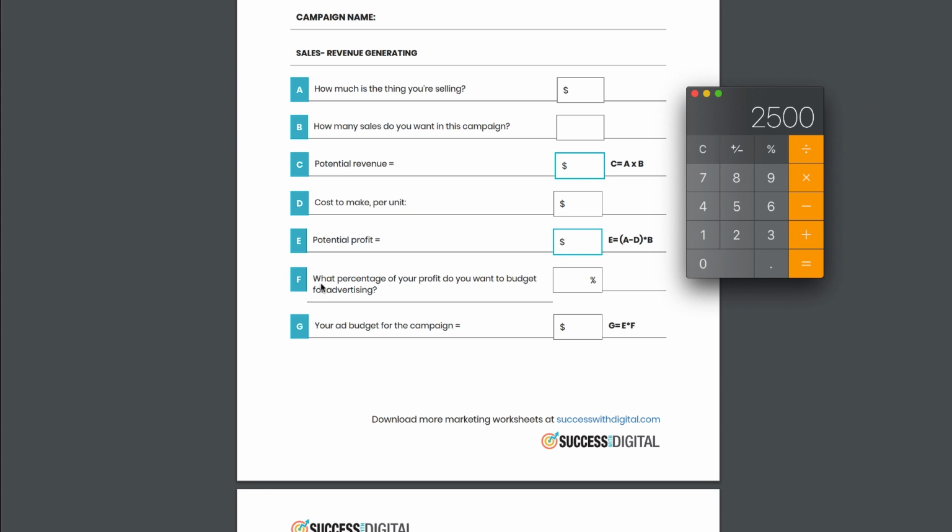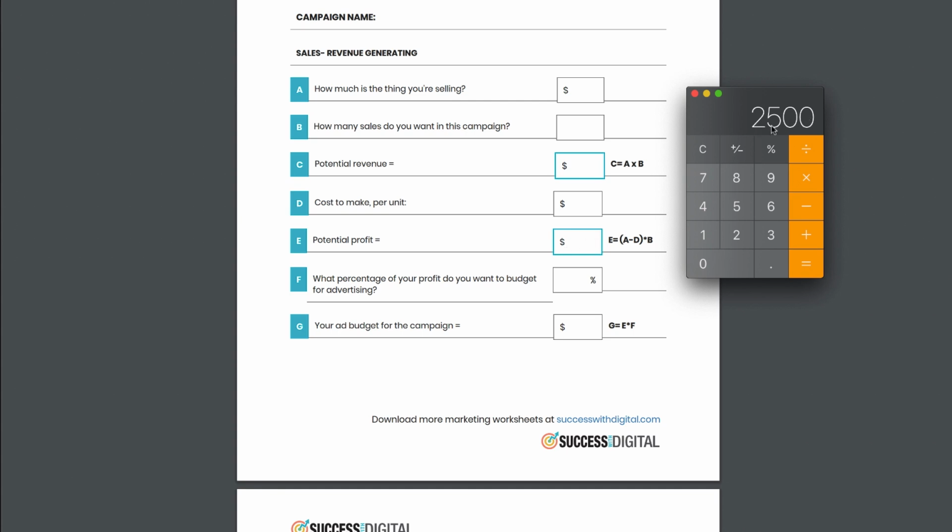So down here you could say, what percentage of your profit do you want to budget for advertising? So of your profit, do you have a baseline that's set for marketing? Is it 20%? Is it 30%? So let's just say that you're willing to invest 20% of your profits into marketing. Well, then if you put 20% here, you would be able to figure out what your ad budget is for the campaign. So to calculate your ad budget for that, you would want to take what your potential profit is.